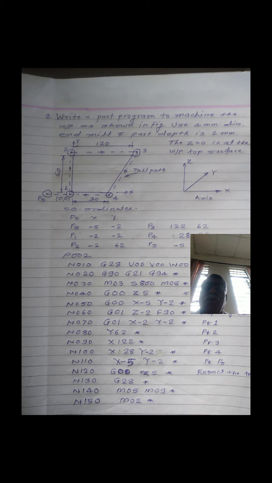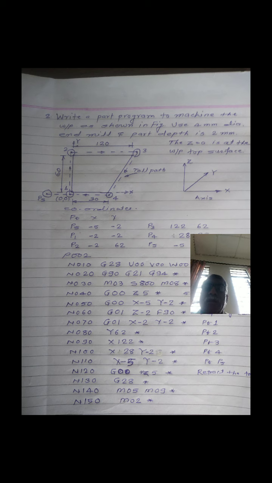Then from point 1 to point 2, you have to move the cutter along the y-axis. The coordinates of point 2 are -2, 60 plus the radius of the cutter, that is 2, so 62.